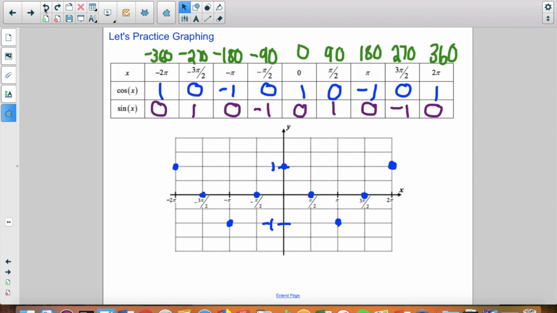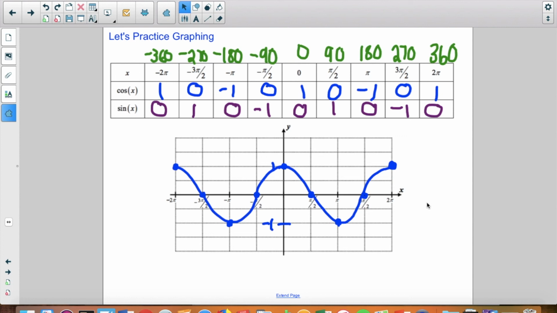This is going to be a very repetitive pattern, and we're going to use it throughout this whole unit. So let's connect. Notice I'm using curved lines. I'm not connecting it like this. You need that smooth curve at the bottom of the sine and the cosine graphs.